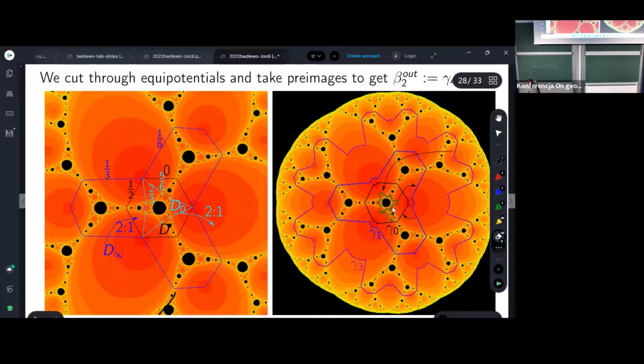So this curve here in green is mapped with degree 2 to the blue curve, and the blue curve is mapped with degree 2 to the black curve. So in particular, for R squared, gamma 2 is mapped with degree 4 onto gamma 0. And this curve, gamma 2, for R squared, is mapped here with degree 2.